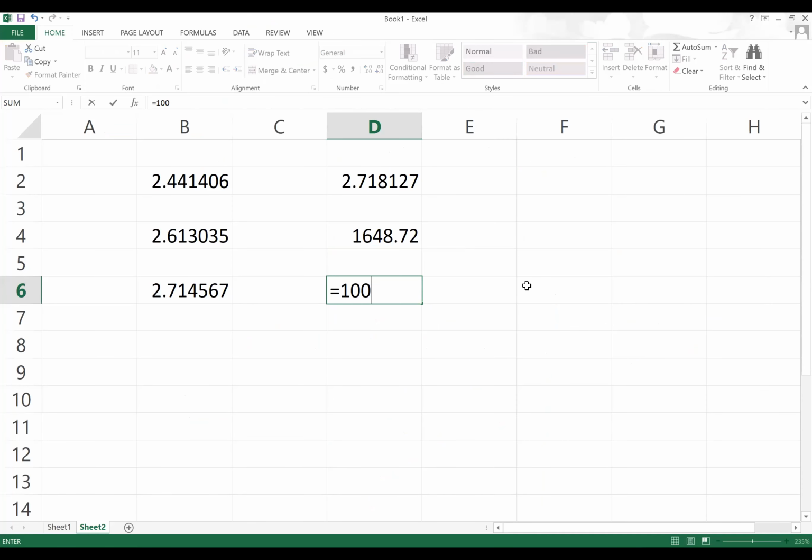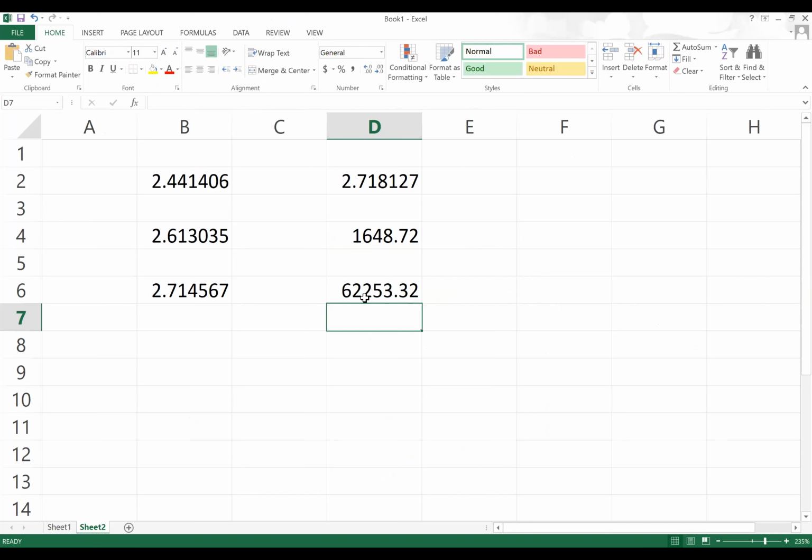So you get 100,000 divided by EXP, e raised to the power, open parentheses, 5.6875 divided by 12. Okay, and now if you input it correctly, just hit enter and get a result.